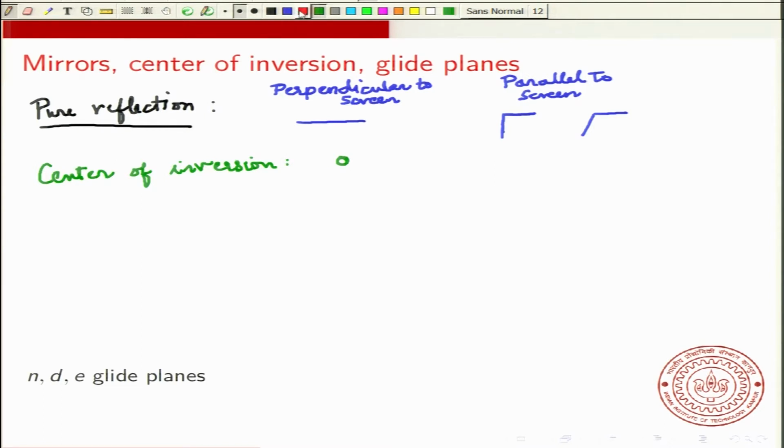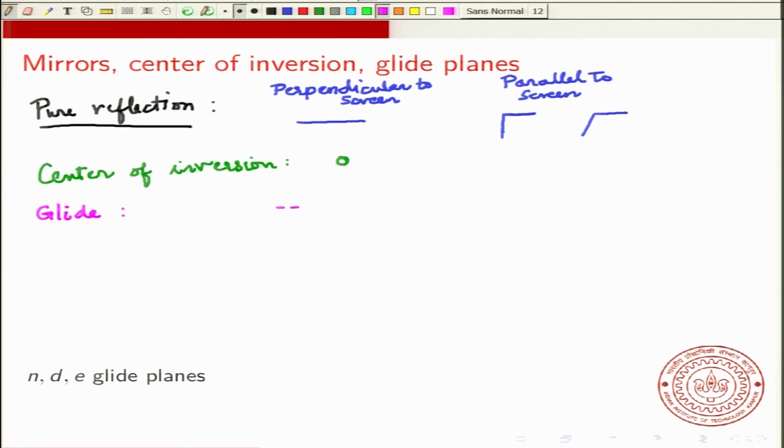Then finally, you could have glide planes, and you could have a variety of glide planes. Glide planes are mirrors. There are a variety of notations for glide planes, depending on what kind of glide plane it is, what is the direction of the glide, and where the plane is located. In the first case, when the plane is perpendicular to the screen, there are a few different notations.